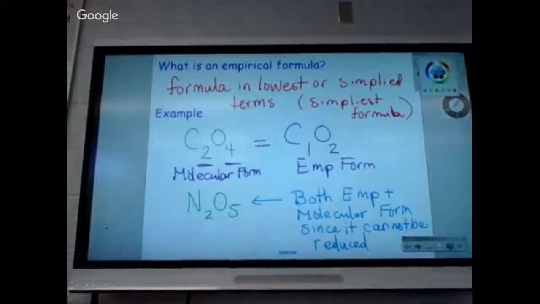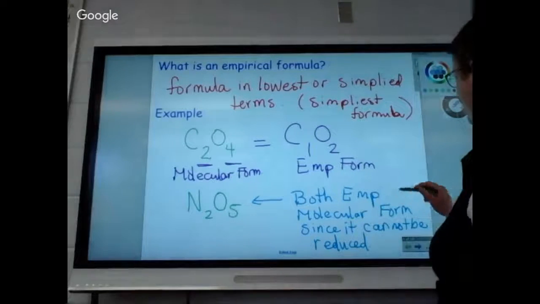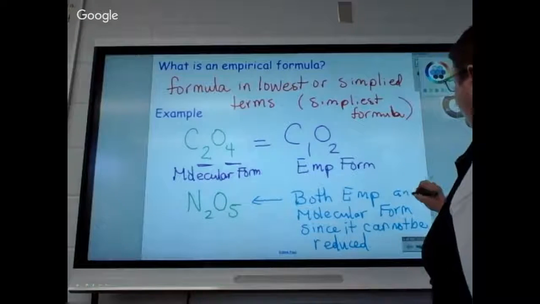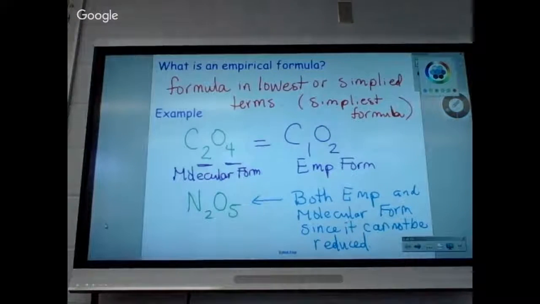Since that formula cannot be reduced, it is already the empirical formula and it's the molecular formula. It's empirical plus molecular. Does that make better sense?